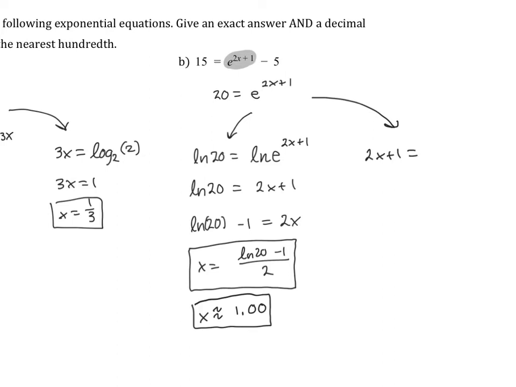Since the base is e, we do natural log, and the result is 20. So you can see that it leads us right to this step right here. And then we finish solving the same way. So whether you want to take the natural log of both sides, or whether you would prefer to rewrite it as a logarithmic equation, either way it's about the same amount of work and you end up with the same result.